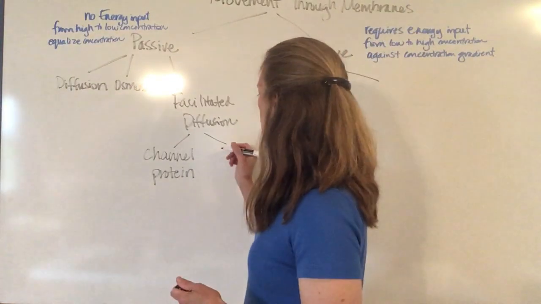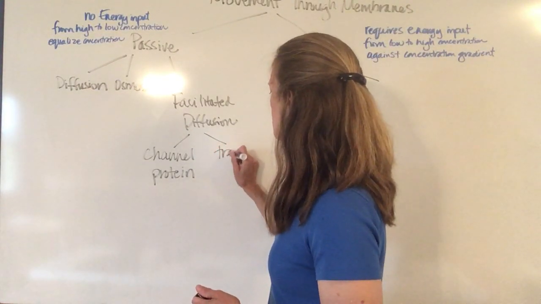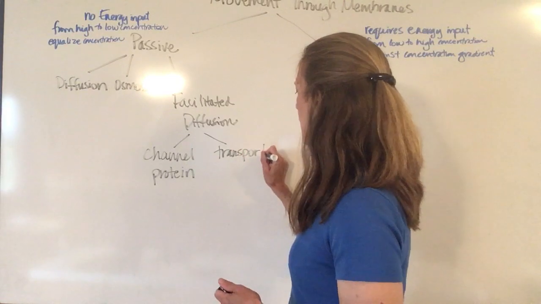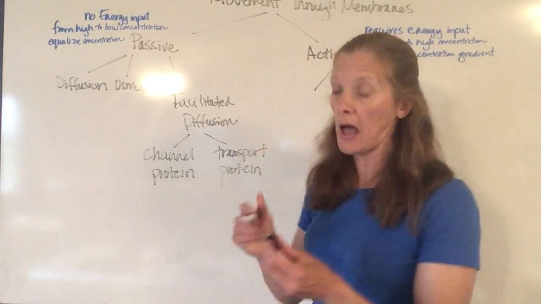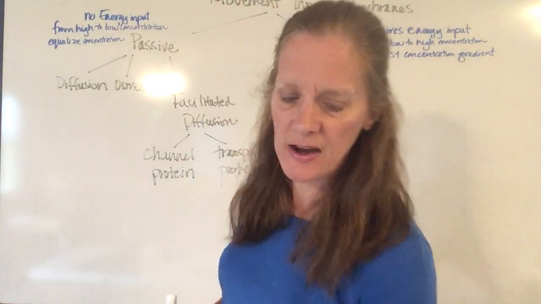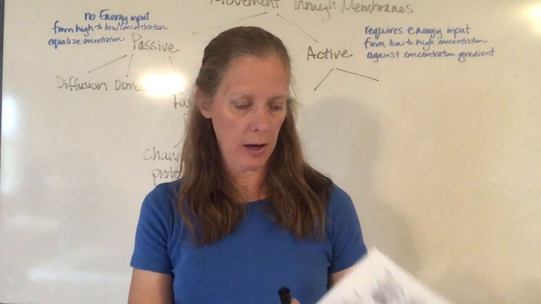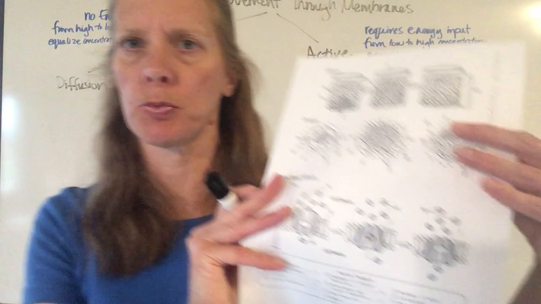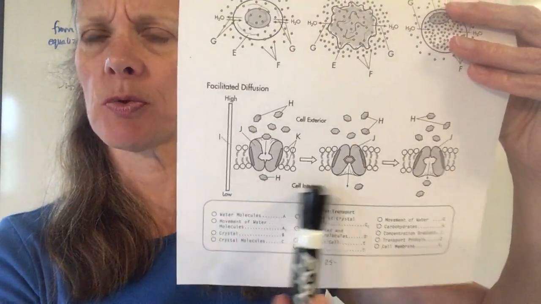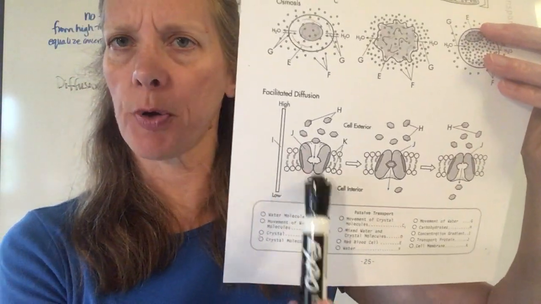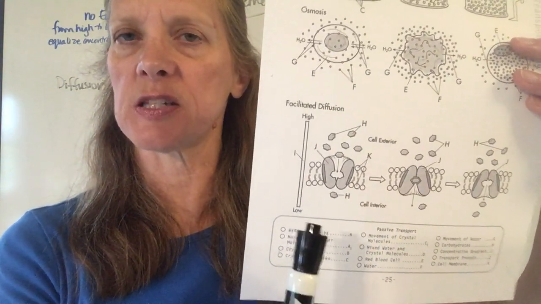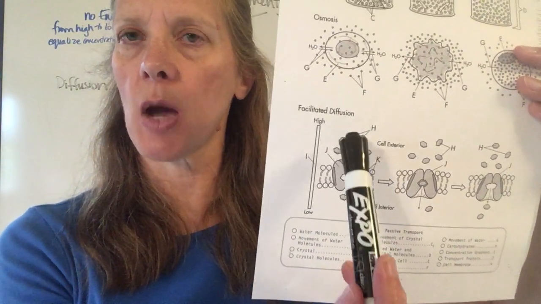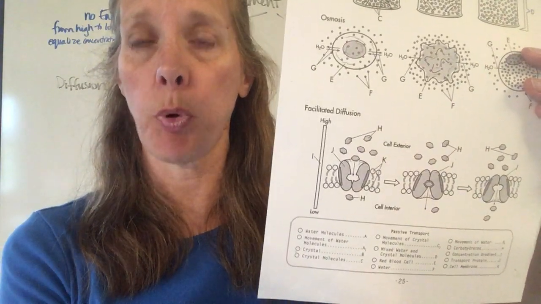You can also use what's called a transport protein, and it does not require any energy on the part of the cell either. This is actually pictured on the bottom of the coloring sheet for passive transport that we were using the other day. It's this one right here. You can see that this protein has a spot in the middle with a specific shape that matches up with whatever it is that it's trying to import.